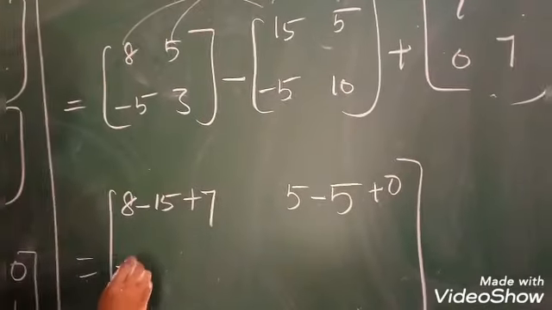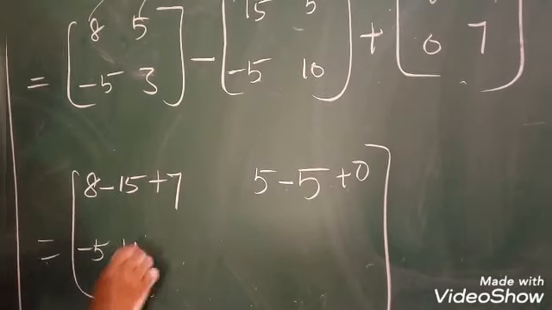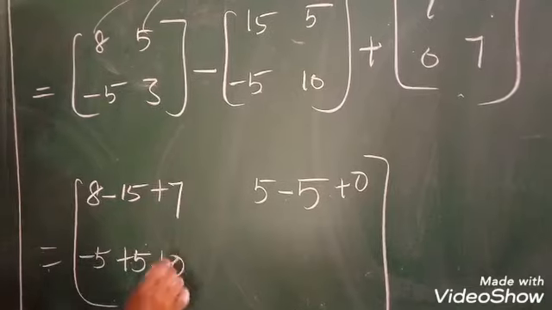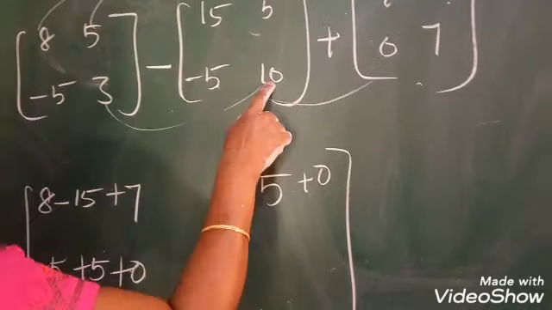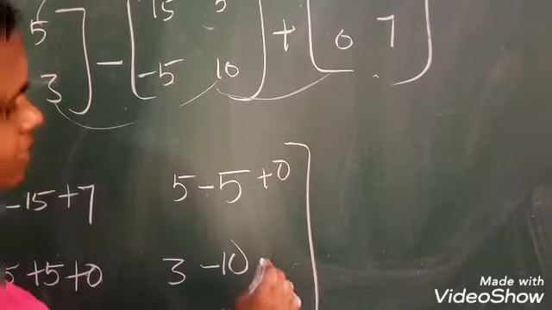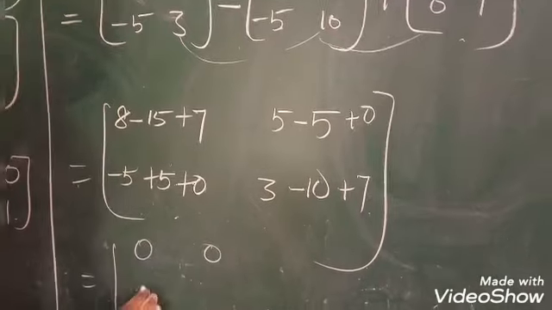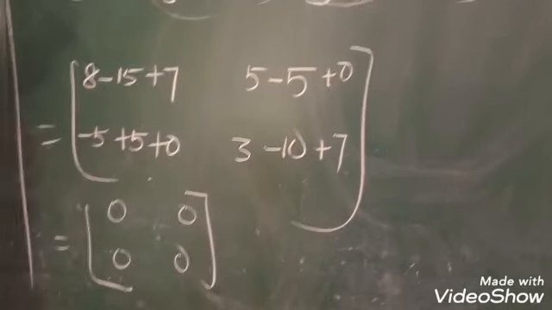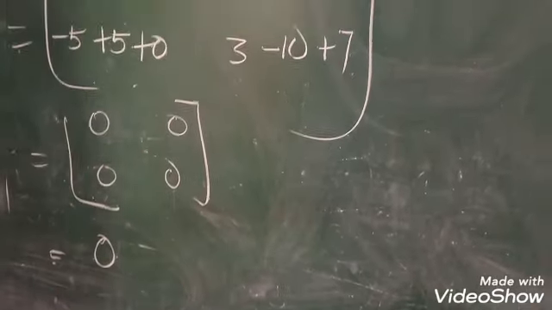Then here minus 5, the negative, minus into minus plus 5, then 0. The third element: 3 minus 10 plus 7. Now you simplify: 0, 0, 0, 0. Yes, we wanted to prove the 0 matrix or null matrix. Hence proved. Okay girls.